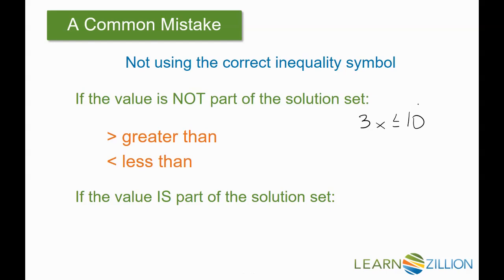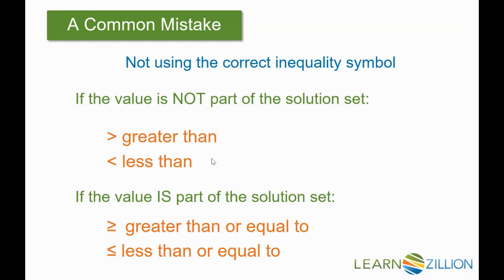I have $10 to spend, so I would be okay spending $10. Now, let's say I'm not okay with spending $10 and I want some money back. Then I would use less than, because the 10 is not part of the solution set, if that makes sense. So you use the less than if the value that we're setting the inequality to is not part of the solution set. But if it is, we're going to use greater than or equal to or less than or equal to.